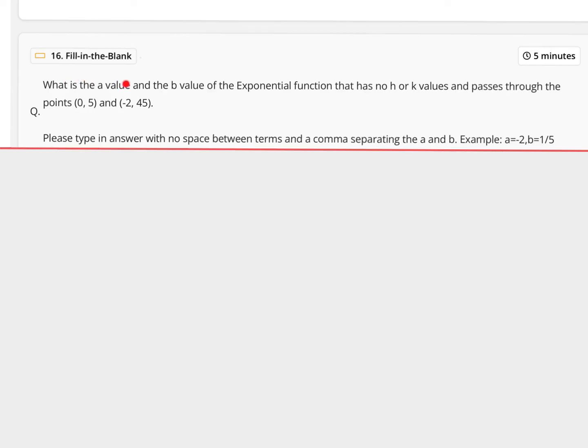What is the a value and the b value of the exponential function that has no h or k values and passes through the points 0, 5 and negative 2, 45? Well, again, you want to begin with what kind of function do you really want? You want an exponential function, which is y equals a times your base, that's your growth or decay factor, to the power of x minus h plus k.